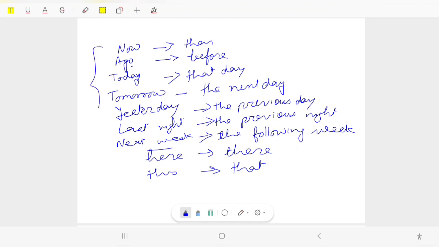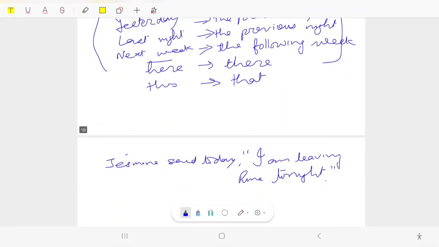These are the changes which we do, changing words expressing nearness of time and place into words expressing distance of time and place. But there are some situations where we do not change this. Have a look at it.